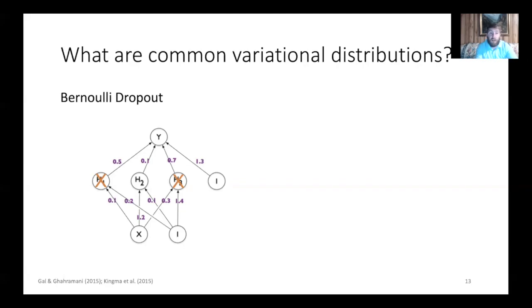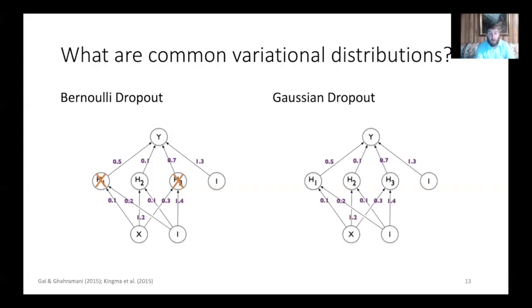Another common variational distribution is Gaussian dropout, where instead of multiplying an artificial neuron by 0 or 1, i.e. turning it on or off, you instead multiply the artificial neurons by noise sampled from a Gaussian with mean 1. Meaning the most likely outcome is that the neuron will give the same output it would give if you didn't sample at all, but that because you are sampling, it won't be exactly that all the time.